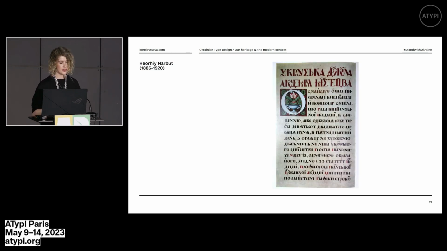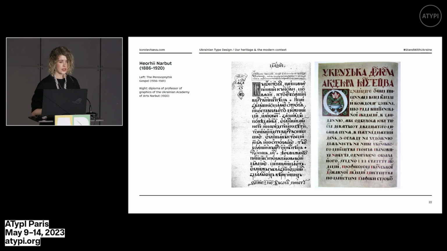For example, here you can see the work by Georgy Narbut. He is like a father of Ukrainian alphabet and graphic design. He was born in 1886. And here you can see the Peresopnytsia Gospel, which you already saw, and on the left and on the right, the work of Georgy Narbut.